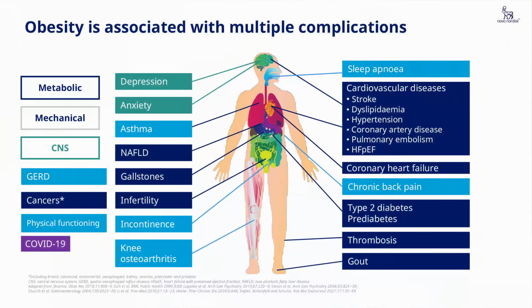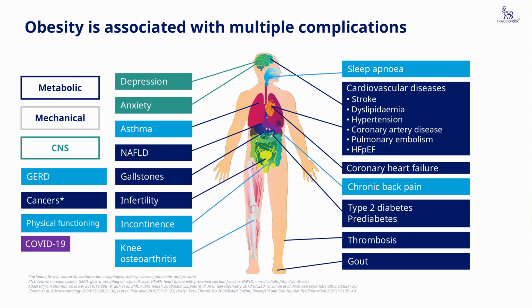Now when we talk about obesity and its complications, you can actually classify them into three subtypes. First, the metabolic complications of obesity, which include diabetes, hypertension, dyslipidemia, gout, fatty liver, gallstones, infertility and cancers.